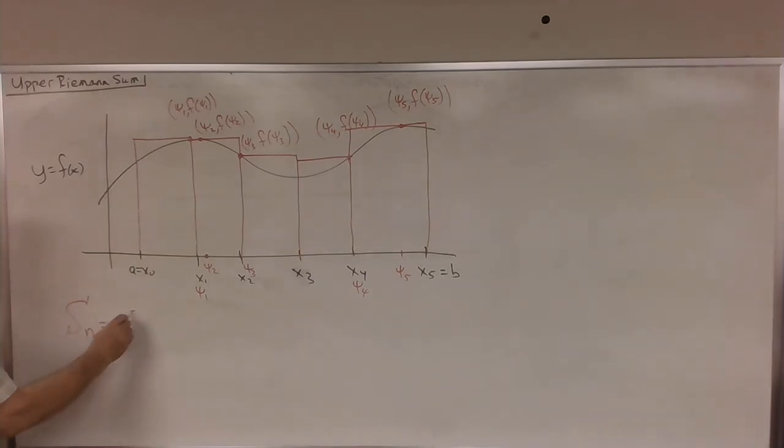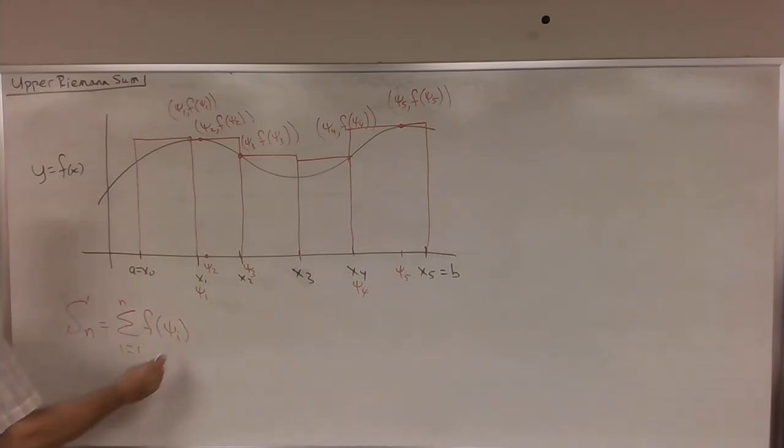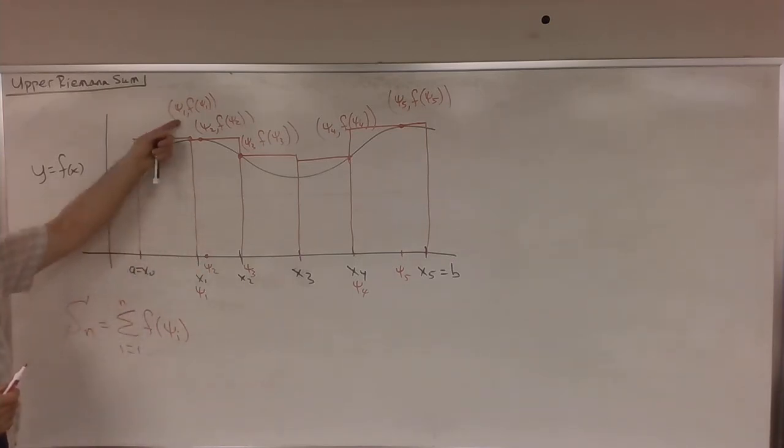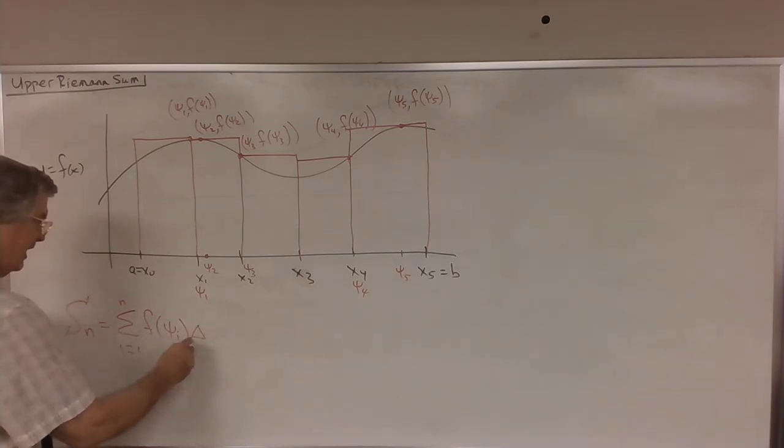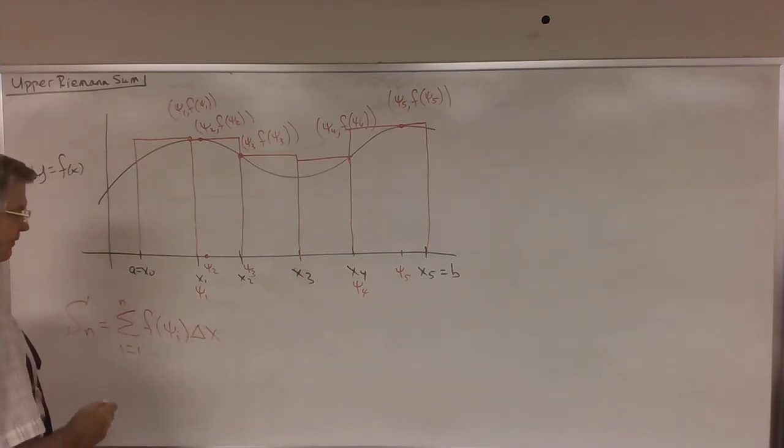And so here's our upper Riemann sum, capital S. Oh, crud. I was supposed to call these alphas, wasn't I? I'm sorry, use your imagination. I don't think I can redo all of this.